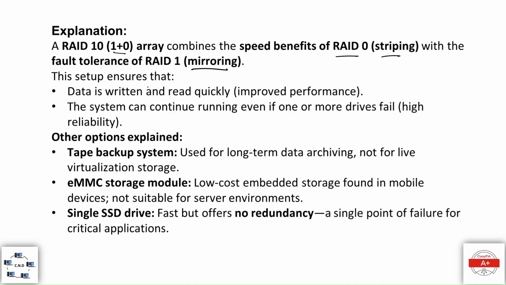So this setup ensures that data is written and read quickly, which gives us improved performance, and the system can continue running even if one or more drives fail, which gives us high reliability.